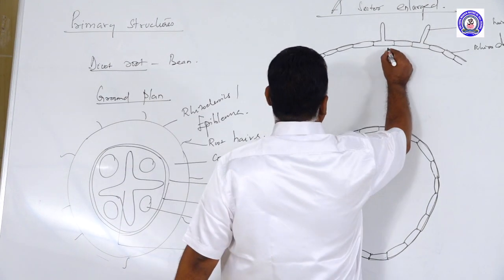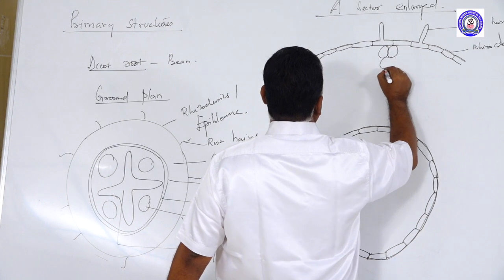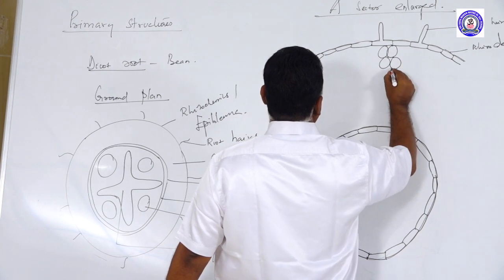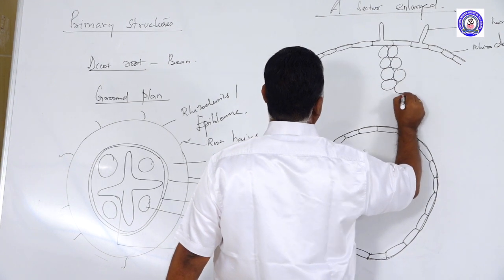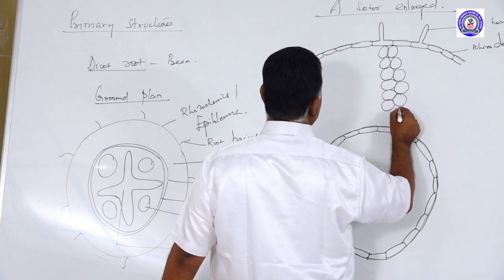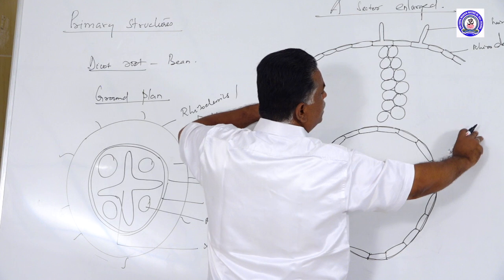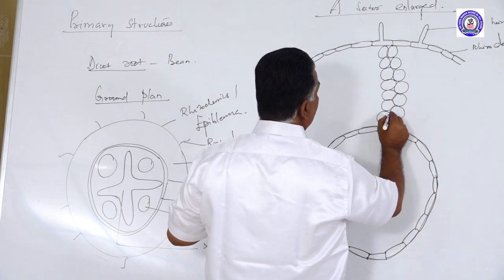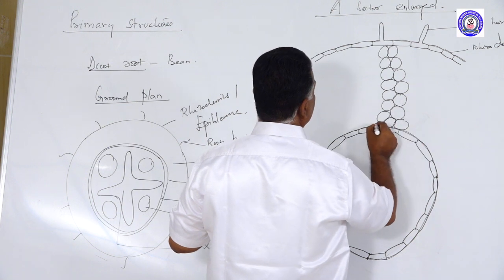See, from rhizodermis, there is a mass of parenchymatous cells arranged, irregularly shaped cells arranged with intercellular spaces. This drawing can be extended to all sides. To save time, I have drawn only 2 layers.